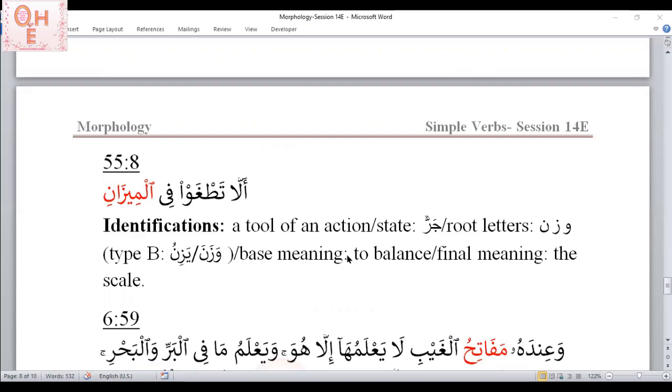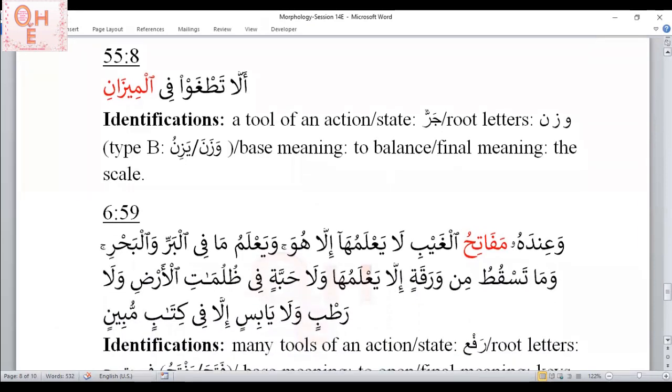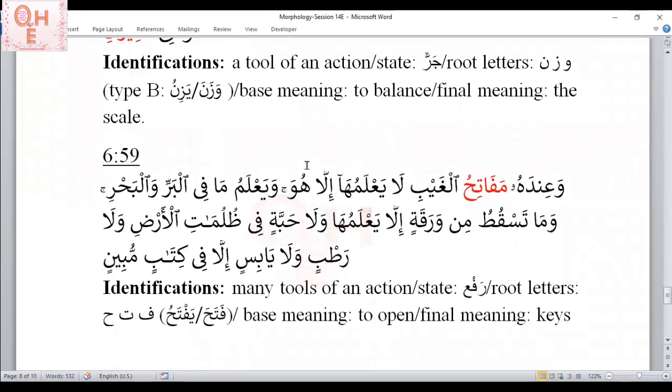So the base meaning over here is to balance. Final meaning: the scale, because we have the definite article over here and it's singular. So we're going to say the scale. Okay, we have one more example, and that is mafatihu, and this is one of the plural conjugations.